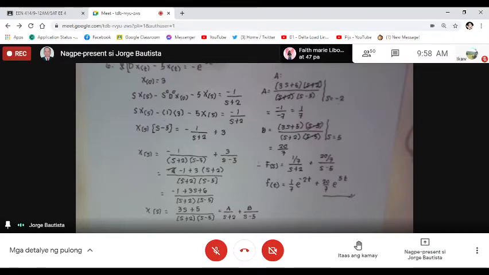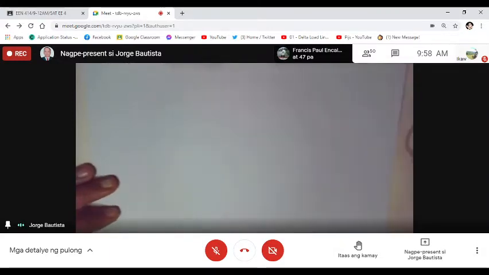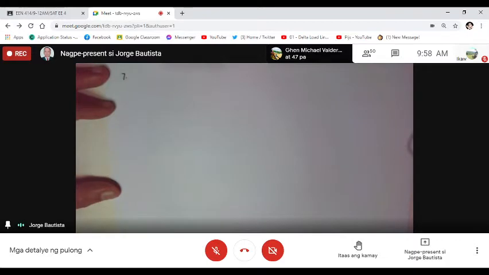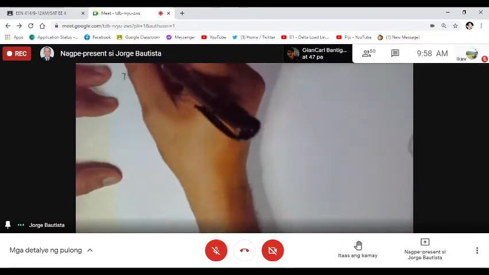Okay, so x(0) is equal to 0, and x'(0) is equal to 0. So those are the initial conditions. Okay, yeah. So number 7. Simple lang yung figure, so sulat ko lang yung given.